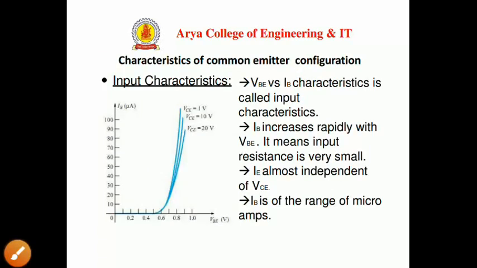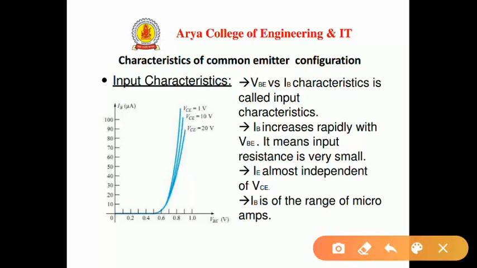We have input characteristics for the common emitter configuration. In this, VBE acts as input voltage and IB acts as input current. That's why the input characteristics are drawn between VBE versus IB. IB increases rapidly with VBE. As VBE increases, IB increases rapidly.